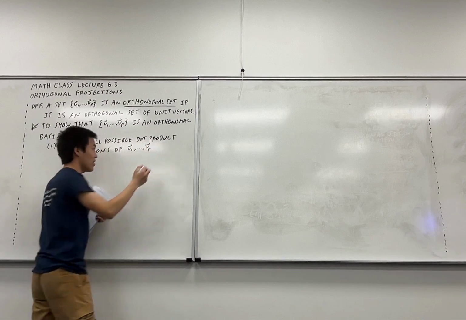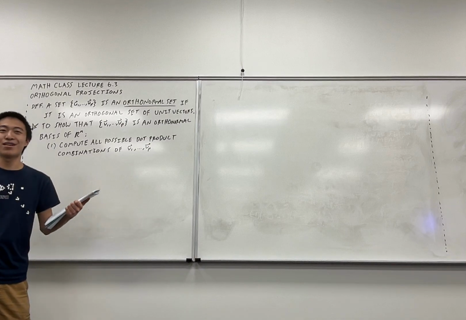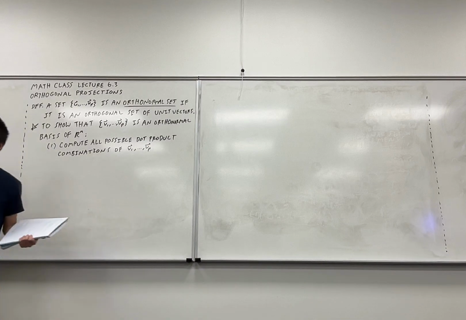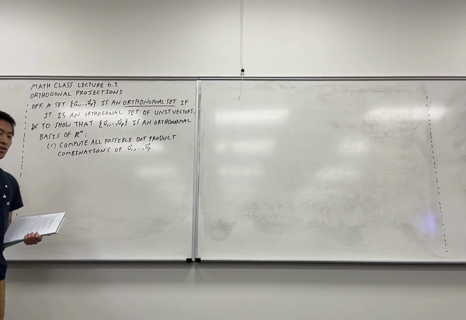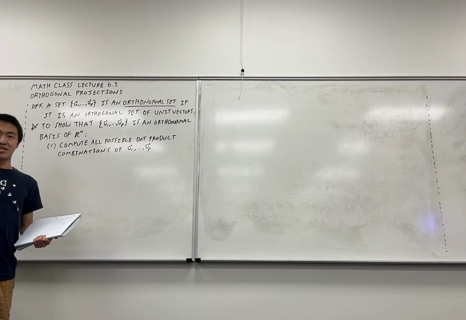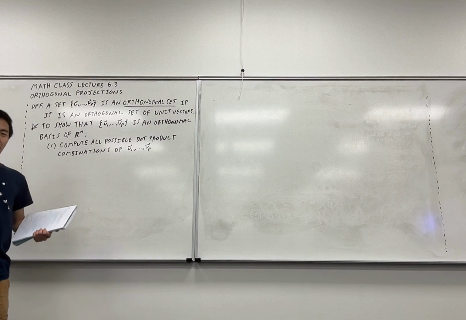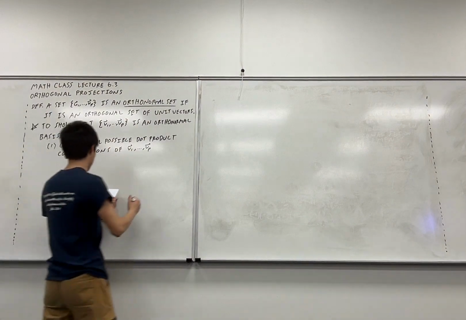If I only had two vectors, that's really easy, because I just take the dot product of those two vectors, and that's all the combinations. If I had three vectors, like in the example in the previous lecture, that means we need to check three possible combinations. And if I had four, et cetera, you just keep doing more and more.